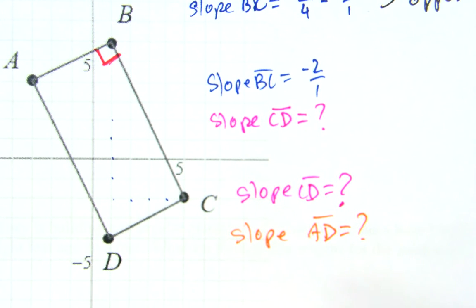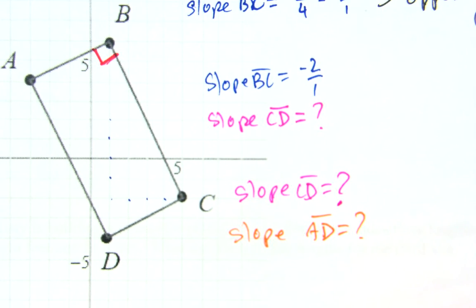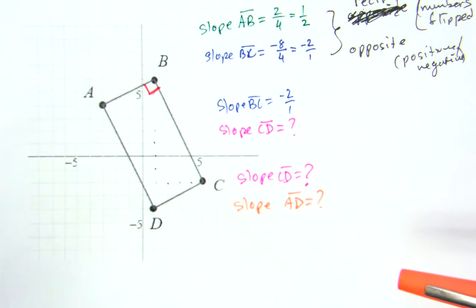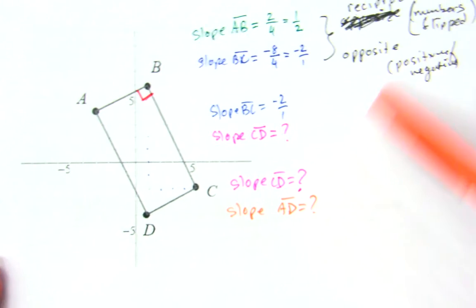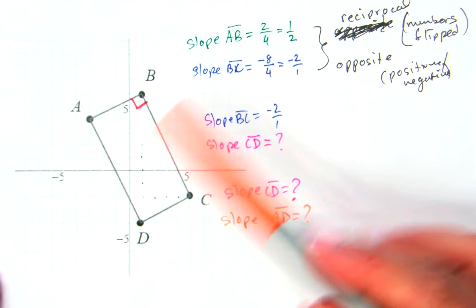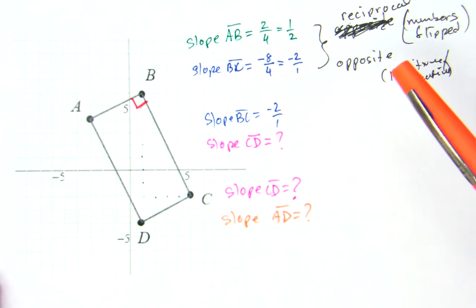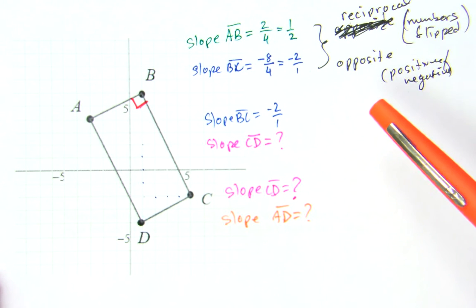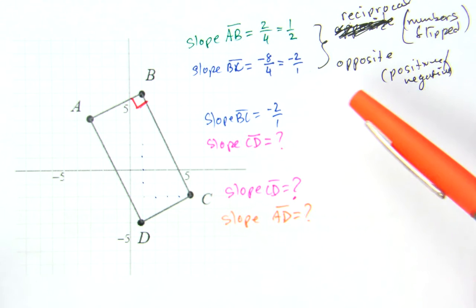Basically, you're going in full circle. So you need to do basically 4 comparisons. For each one, you need to verify, are they opposite and reciprocal slopes? And if they are, then yes, you do have a rectangle, which in this case is a 4-sided polygon with 4 right angles.